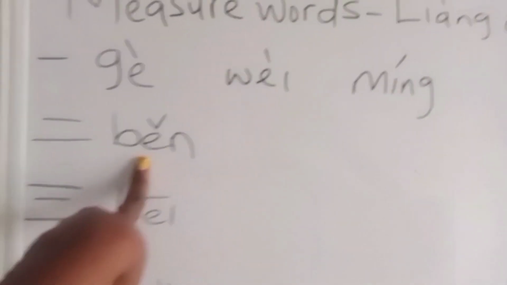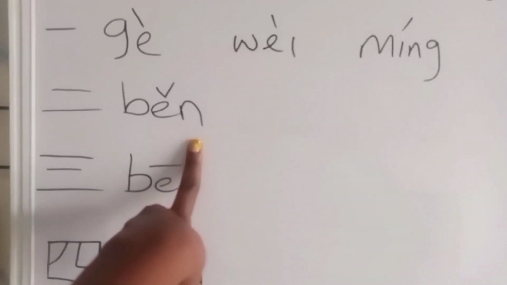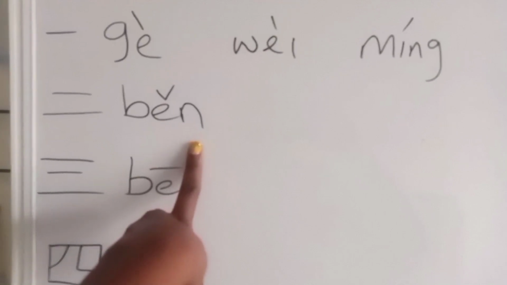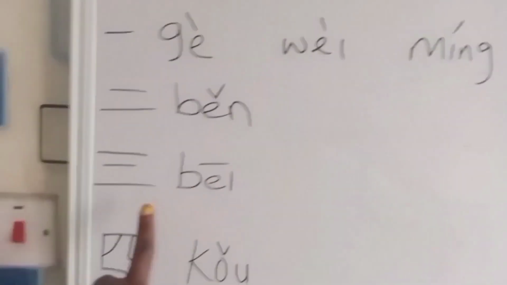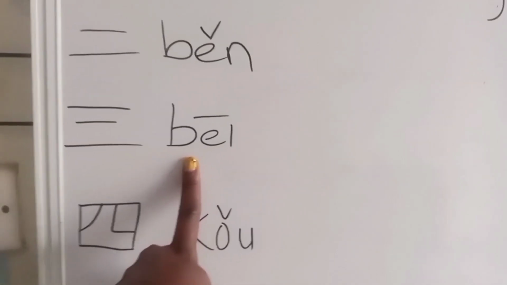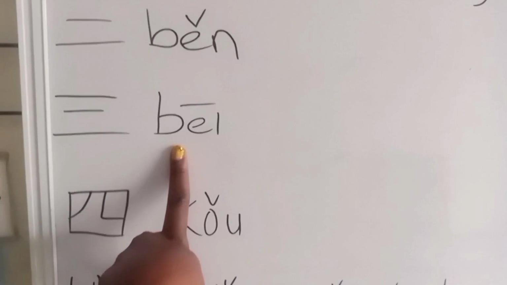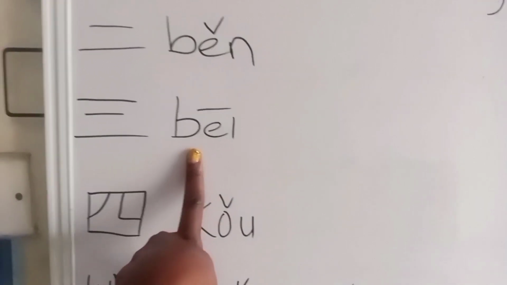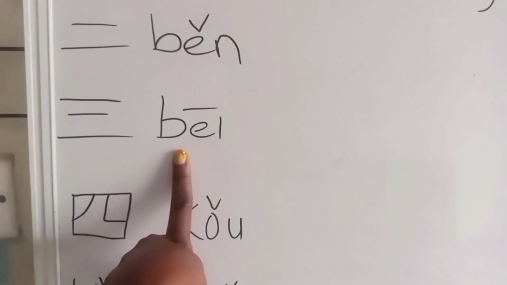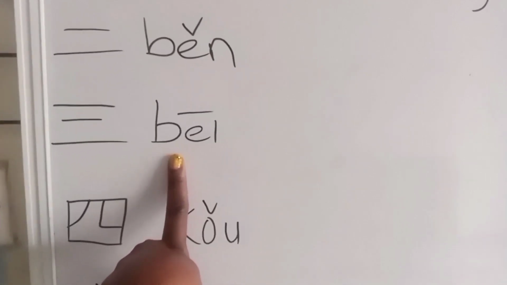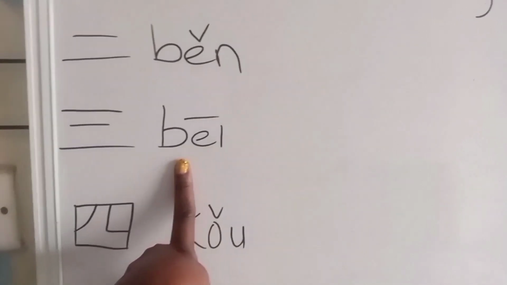Ben is the measure word for book. 一本书 is one book. 两本书 is two books. 三本书 is three books. And we come here. 一杯咖啡 is a cup of coffee. Coffee is 咖啡. 一杯水 a cup or a glass of water. 水 is water. 一杯茶 a cup of tea.